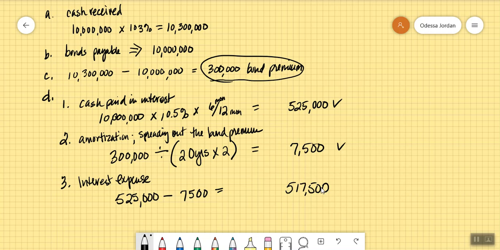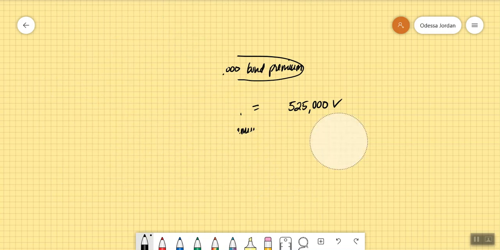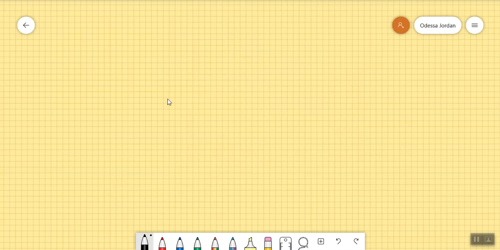So we're going to apply the same calculations, but we're going to change up the scenario. This time, instead of the bond being sold at 103% like we did in this one, we're going to calculate the impact of when the bond is sold at 97%.